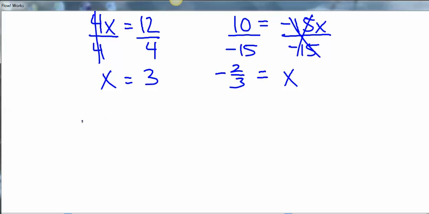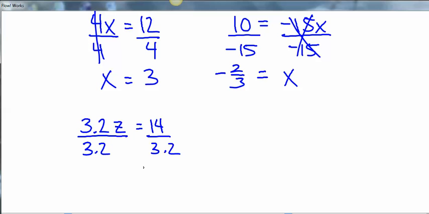3.2z = 14. The variable is being multiplied by 3.2, so we're going to divide each side by 3.2. Brandon?